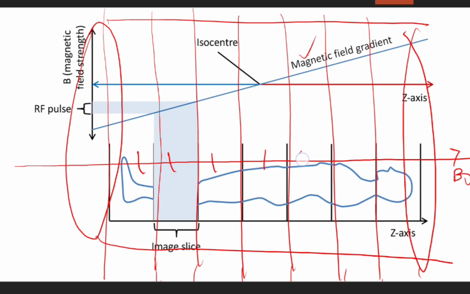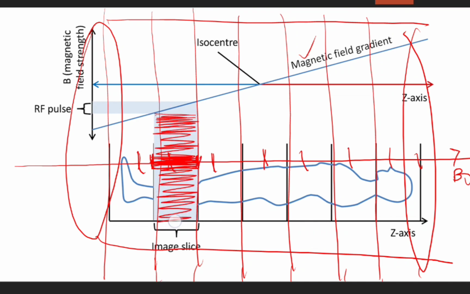At each and every point there will be a different field strength, and definitely each point has a different frequency. Suppose in this diagram we are interested in this slice. We want to do some scanning here, on this slice of the patient's body. So we want to select it. How do we do the slice selection? A gradient is applied, and we know the frequency of this point and the frequency of this point, because there is a field gradient.